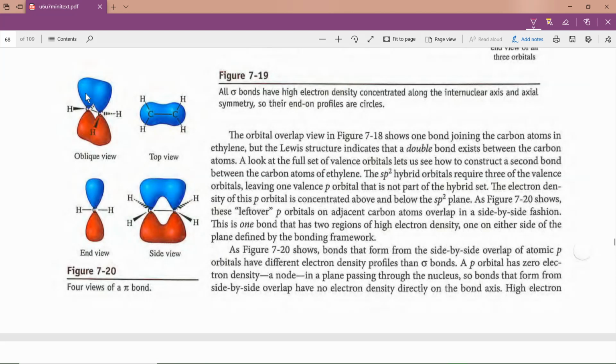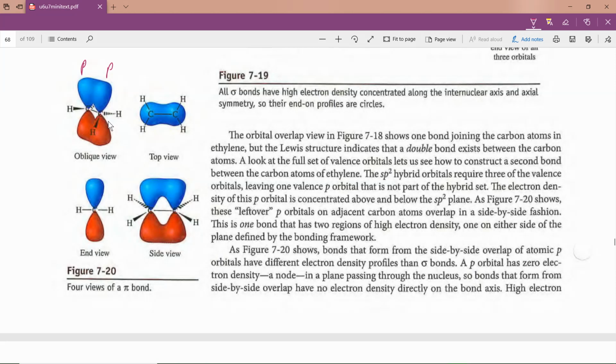So here's a better view, I think. You have the plane containing all 6 atoms, 2 carbons and 4 hydrogens, and then you got a p orbital on one carbon talking to a p orbital on the other, reinforcing it on either side, and that together makes up a pi bond. So you have a sigma bond and a pi bond.